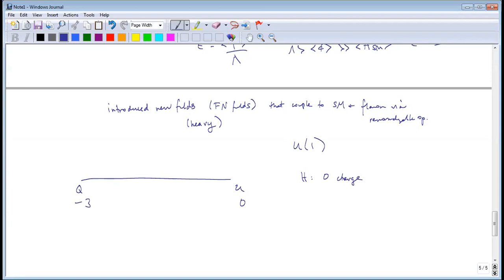But then what we can have is our set of Froggatt-Nielsen fields, psi I, and these are just, as I said, heavy fermions. Suppose they couple like the following. You can have Q psi I phi.